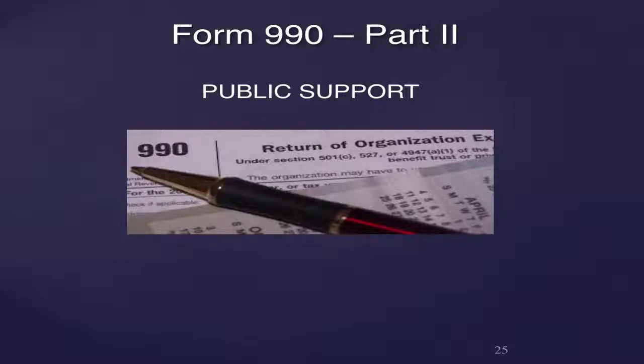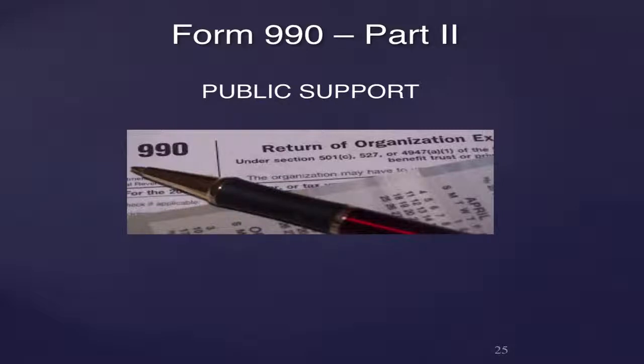Number 1, gifts, grants, contributions, etc. You would put those areas down that pertain to monies that you received and then total it. Number 2, any tax revenues levied for your organization's benefit would go here. Number 3, the value of service or facilities furnished by a governmental unit to the organization without charge. That would go here. That is oftentimes called in kind.